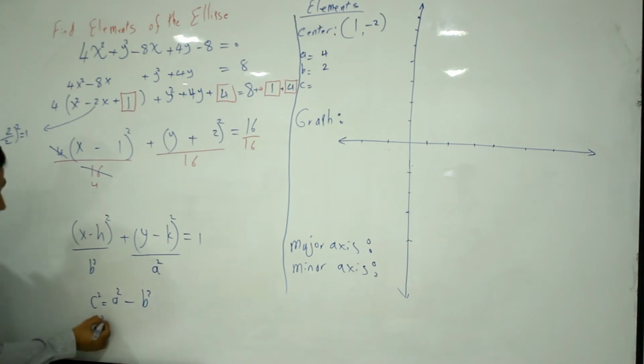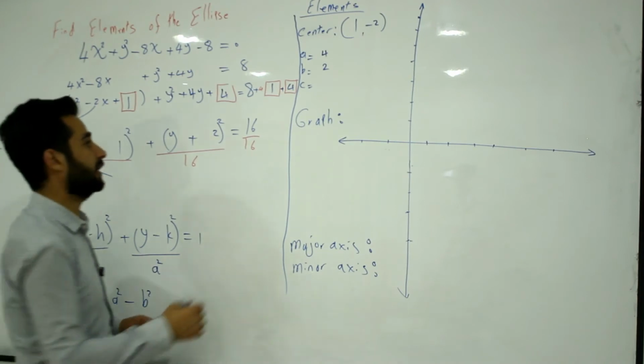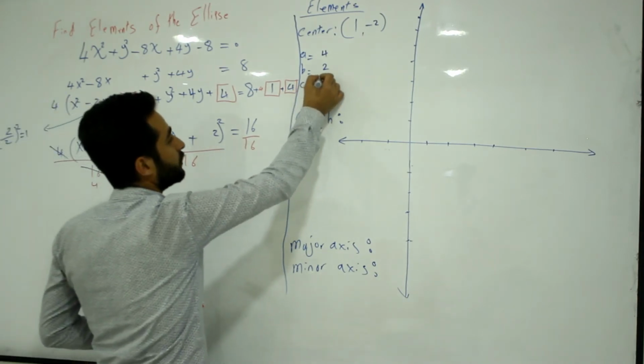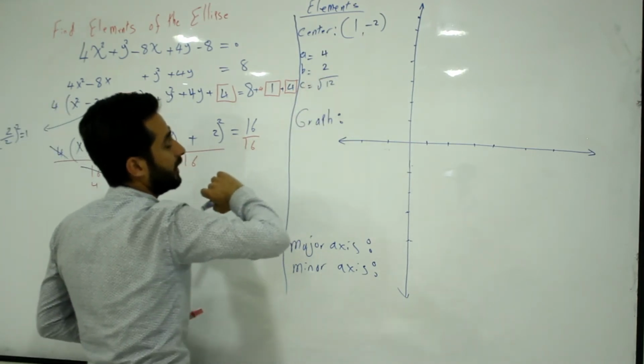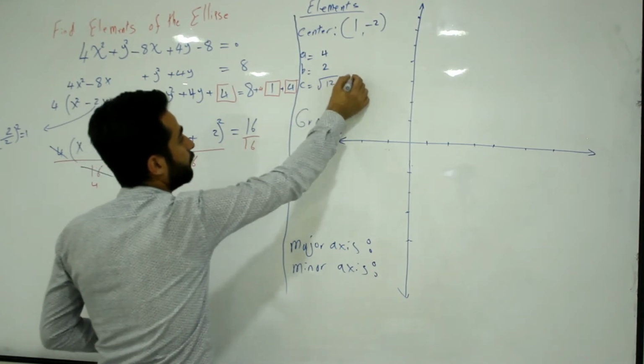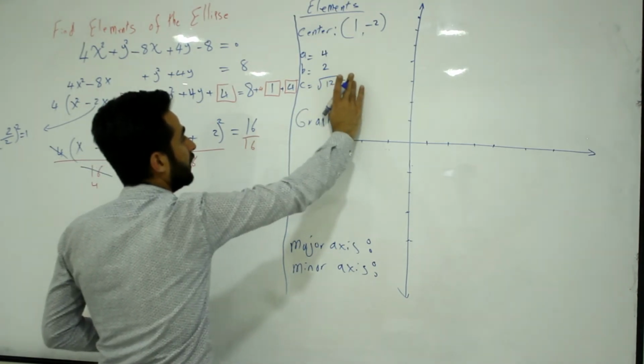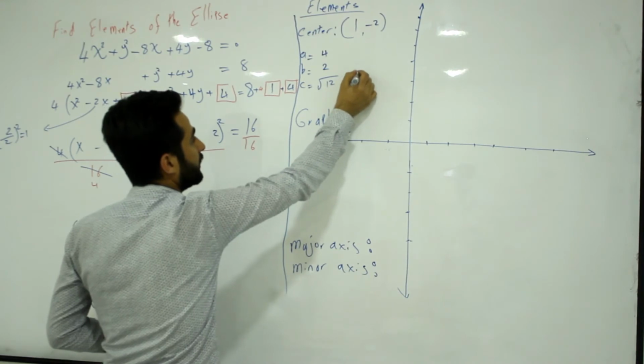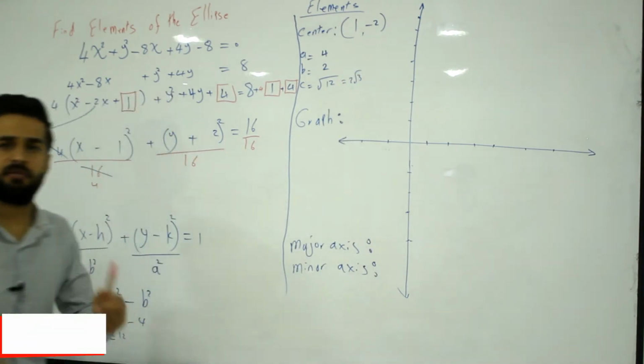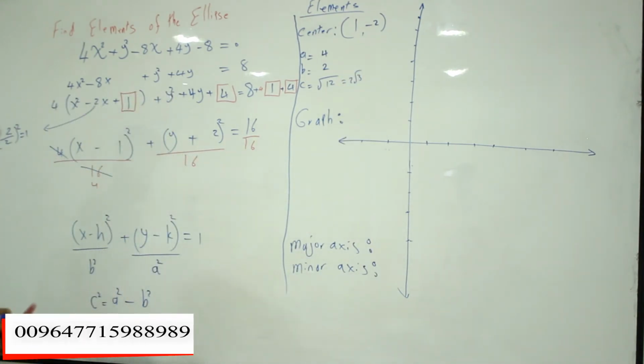So let me write again, c squared is equal to 16 minus 4, which is equal to 12. c is equal to the square root of 12, or we can say 2 square root of 3, or let's say 3 point something.